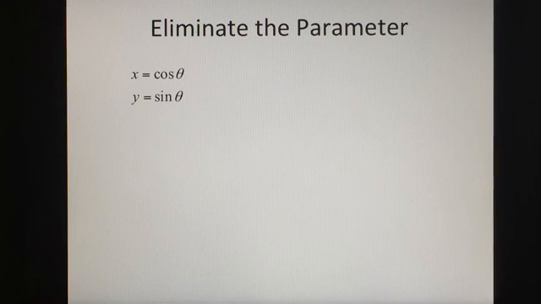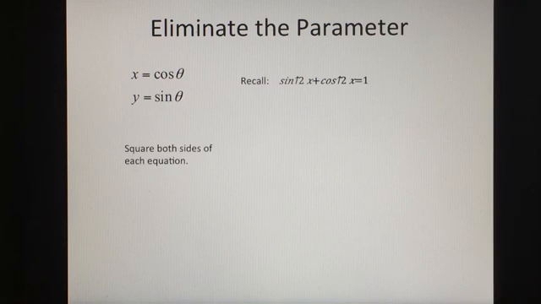All right, let's do another example. So x equals cosine theta, y equals sine theta. So in this case, our parameter is theta, it's not t. Again, it's a variable that's not x or y. So in this case, we've got to think back probably to pre-calc and remember that sine squared x plus cosine squared x is equal to 1. Okay, so that's going to come in handy when we're doing this.